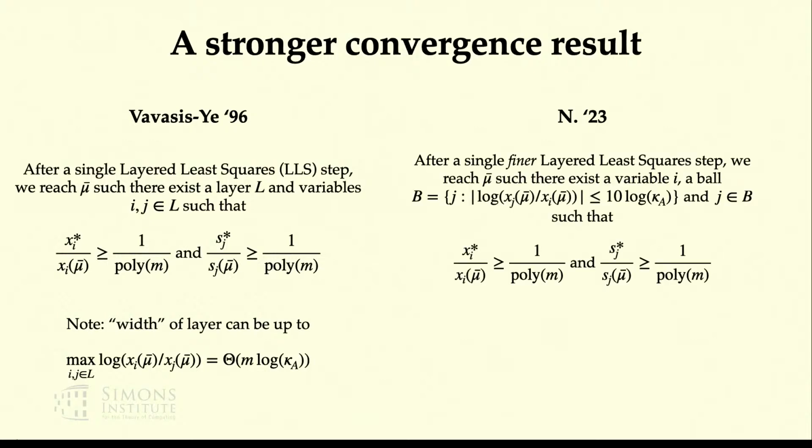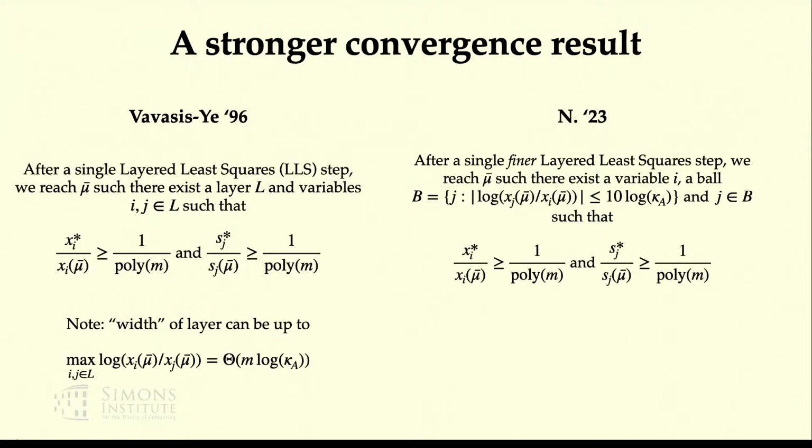Perform one step of this final least square step, where we don't look for separation, and then there exists a variable I, and a ball around this variable, meaning that I look at all variables J that are only a polynomial factor in kappa away from xi, and then there exists a variable J in that ball with the same properties as Vassos and Ye had.